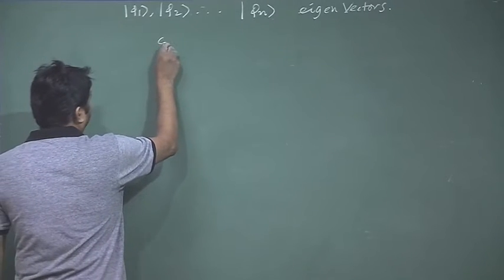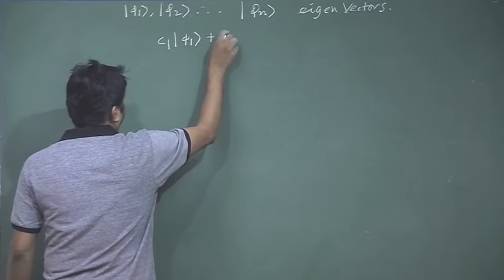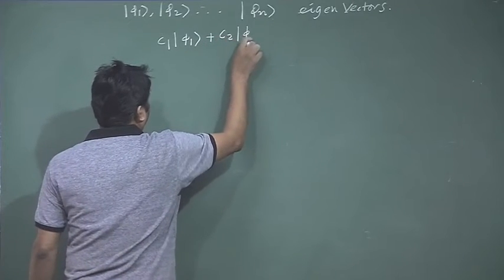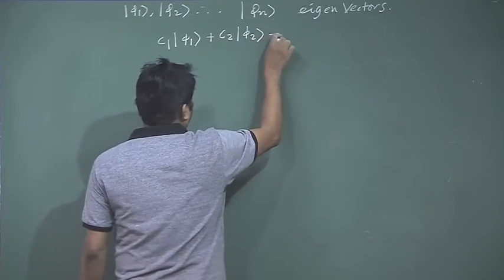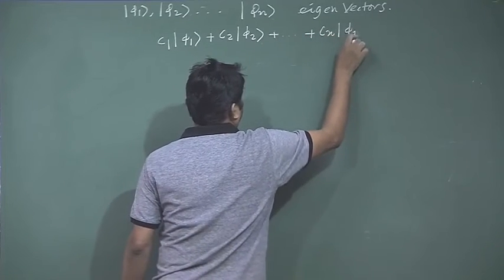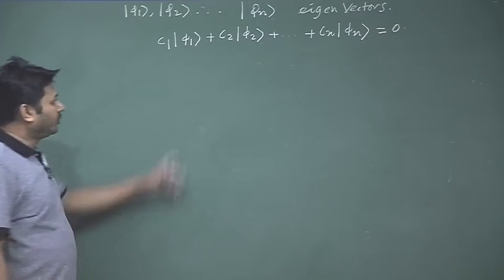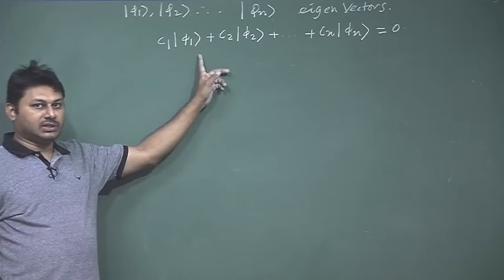That means C1 phi 1 plus C2 phi 2 plus up to Cn phi n equals 0.